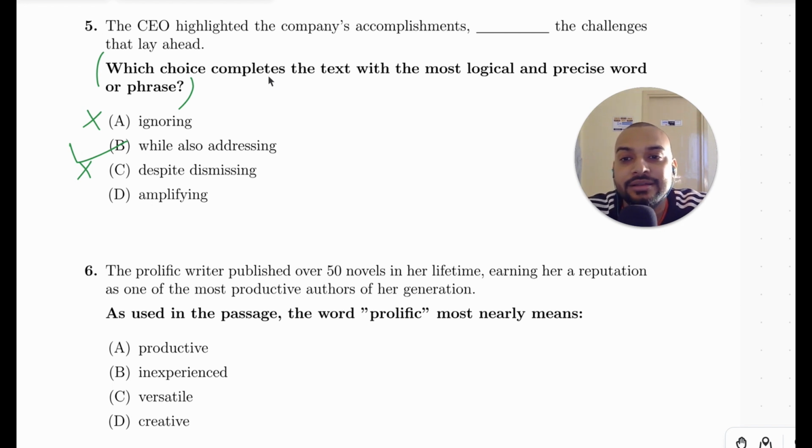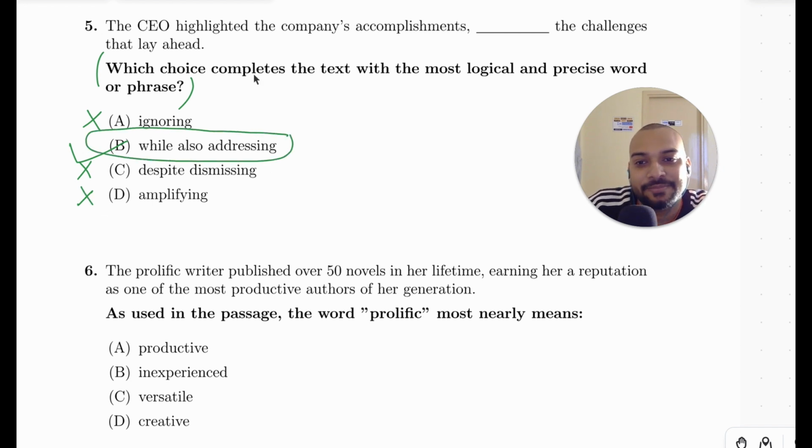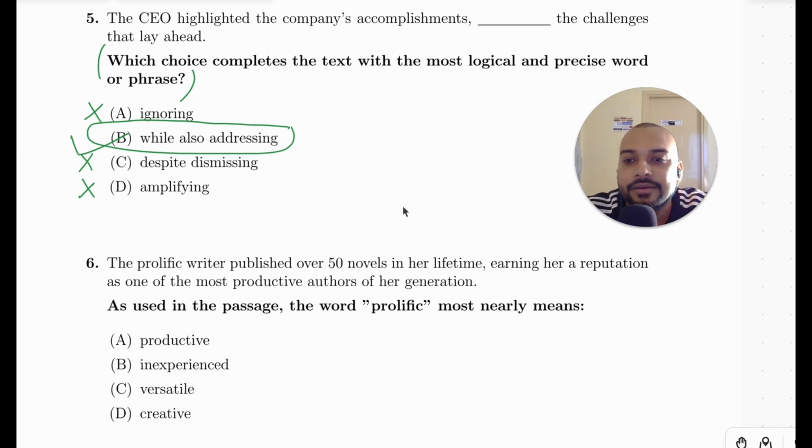One way to understand amplifying could be that he is stressing upon the challenges, or amplifying in its literal sense can mean that he is further making the challenges that lay ahead bigger. Okay, so that's not the case here. It's too confusing to be used in this case. The most comprehensively fitting to this question is while also addressing. It makes perfect sense when you read the sentence with this blank, so that's correct. Okay. Question number 6.